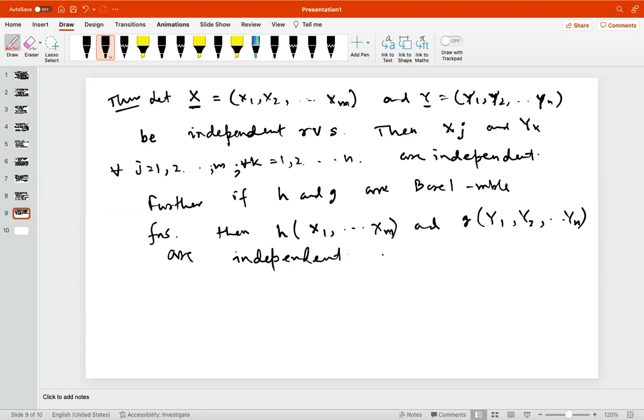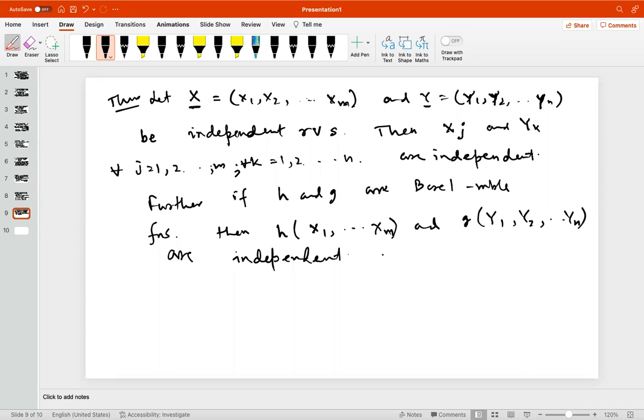Remember that h may be one-dimensional or multi-dimensional. So h may be a function from Rm to R, or from Rm to Rk. g also may be a Borel measurable function from Rn to R or to any other Rk. So h of X1, ..., Xm may be a single random variable or a random vector.